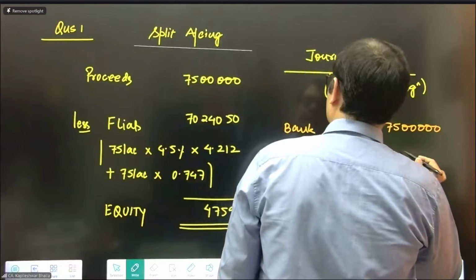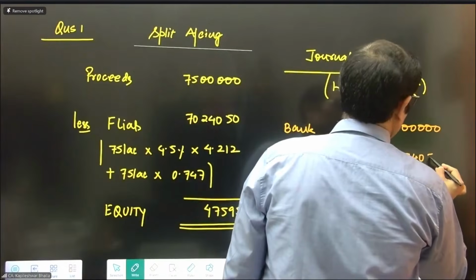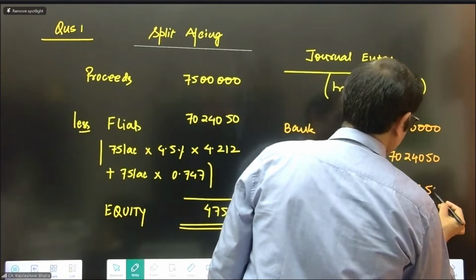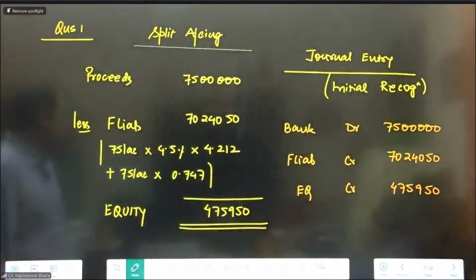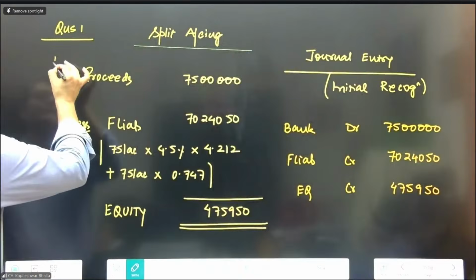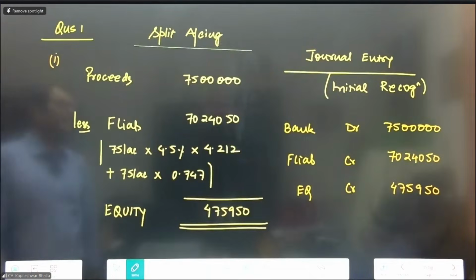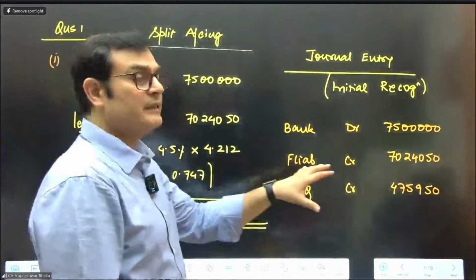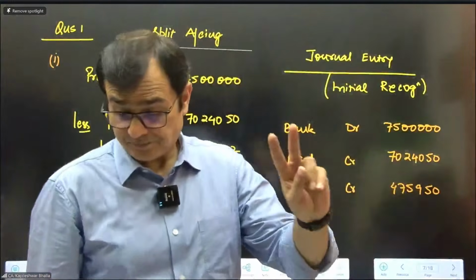This is 70 lakh 24,050. This is 4,75,950. That is the initial entry done. So the first part of the question stands done. This is requirement number one, given the split accounting to the examiner on the basis of which you put the entry for initial recognition.